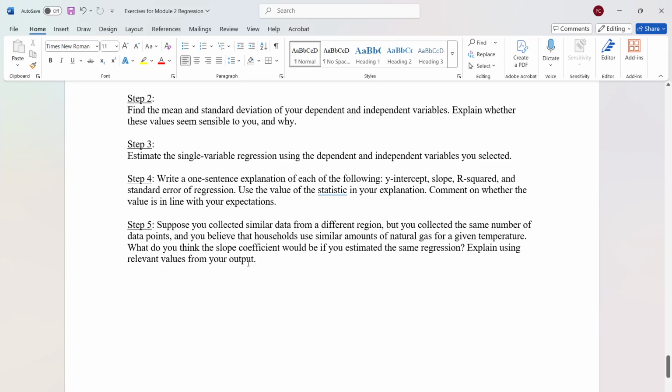Okay, think about this. You collect similar data from a different region, somewhere else, the same number of data points. So the data size does not change. N is the same. What do you think the slope coefficient would be if you did the same regression?